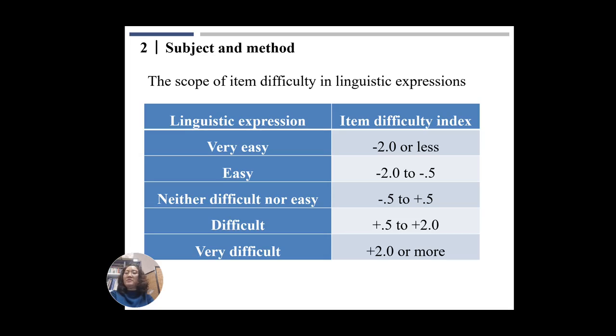An item answered correctly by a student with a high level of ability is difficult, whereas an item answered correctly by a student with a low level of ability is easy. Just as the difficulty of classical test theory, item difficulty represents a level of item difficulty which ranges from -2 to +2.